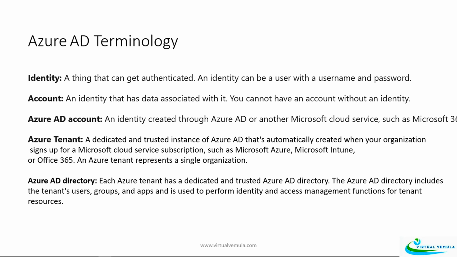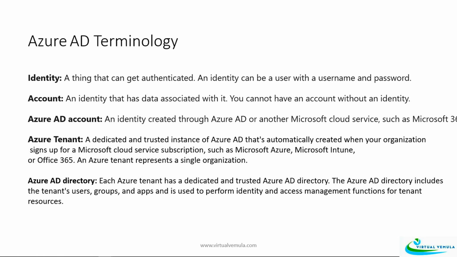Every identity will have some data associated with it: which group the identity is part of, what is the UPN, maybe what is the job title, who is the manager. So an identity that has data associated with it, you call it an account. And any account or identity that is there on Azure Active Directory, you call it an Azure AD account.